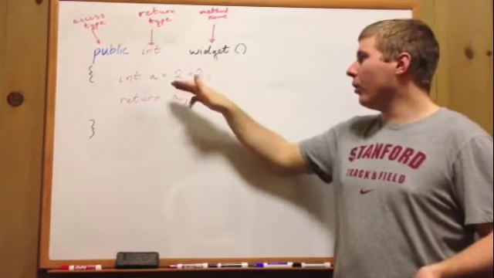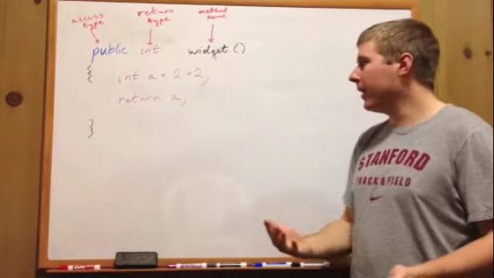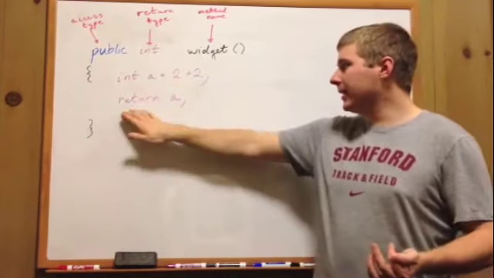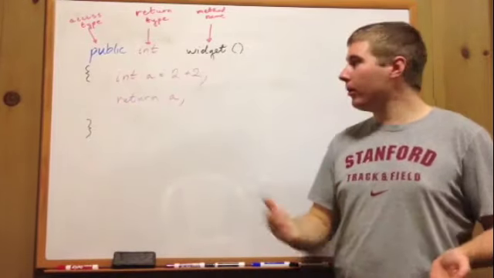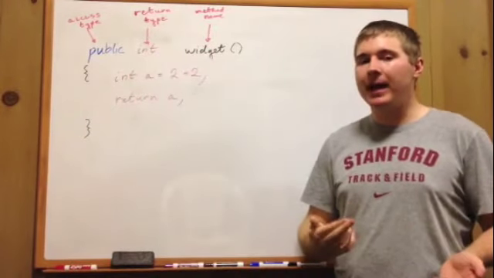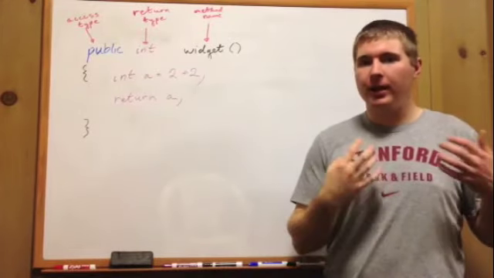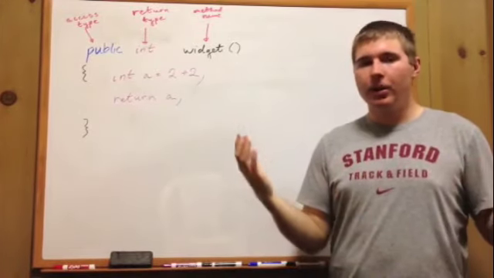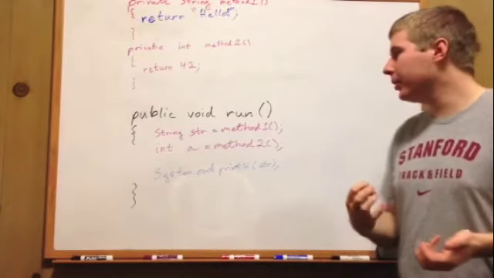So effectively a is equal to 4. Now what I did here is I just returned a, and so whoever called this method widget is going to get back the value a, and it can store that value in a variable or do whatever it wants with it.